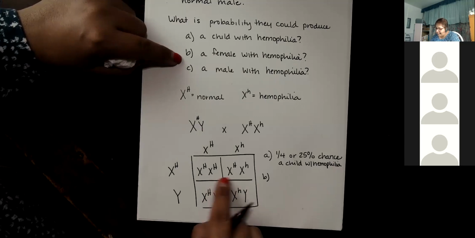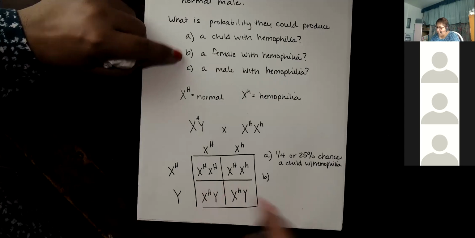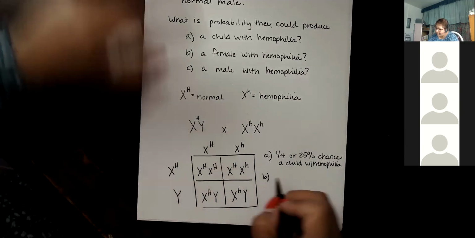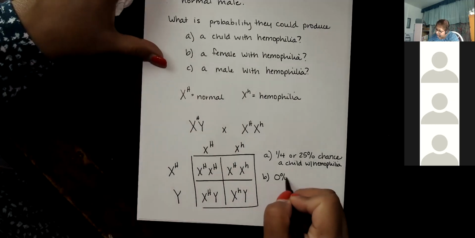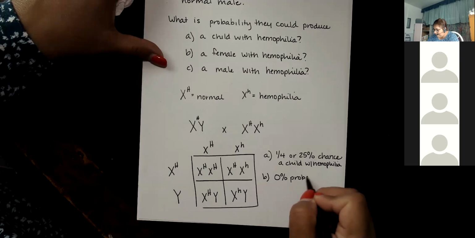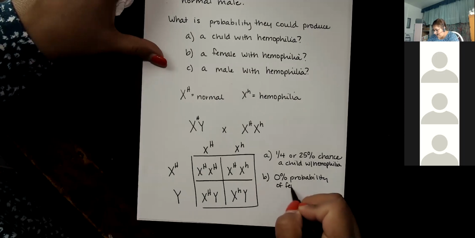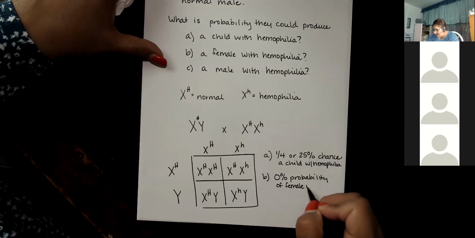When we look at the female offspring, do either one of them have hemophilia? No, right? This one is like her mom. She's a carrier. So there is a 0% probability of a female with hemophilia.